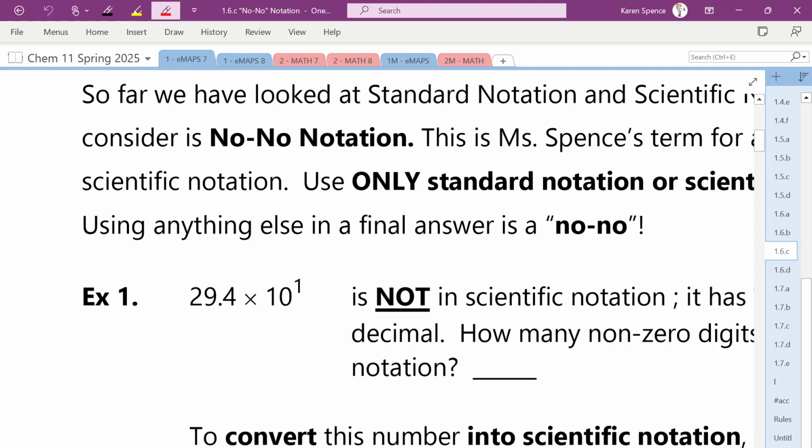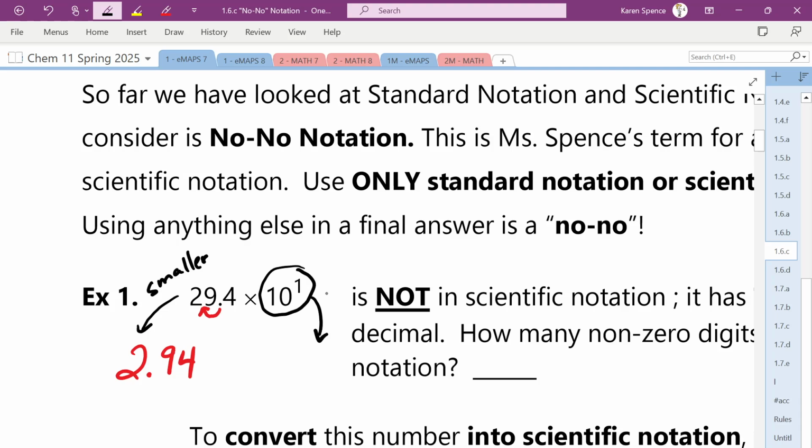What if I said, let's turn this into scientific notation? What would we have to do? We would have to move our decimal place one place to the left, which would give us 2.94. And this number got smaller, so the other half of the number needs to get bigger.